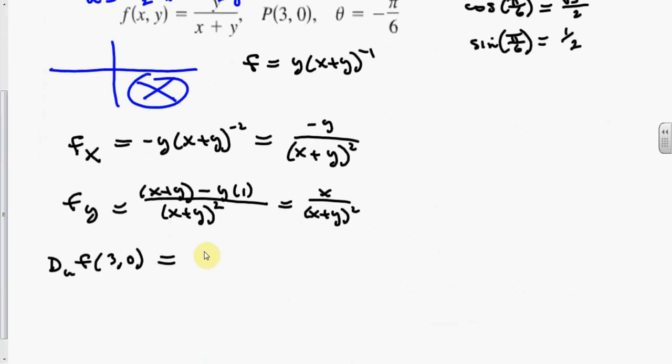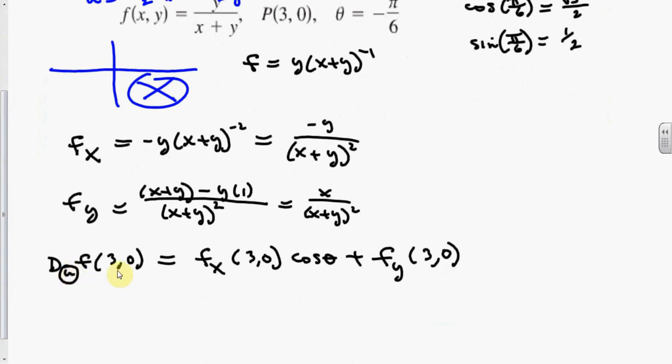This is equal to the partial derivative of f with respect to x at the point 3, 0 times cosine theta, plus the partial derivative of f with respect to y at the point p, because that's the point that's fixed. It's when I change the vector u that I get a different directional derivative. Here, this is times sine theta.